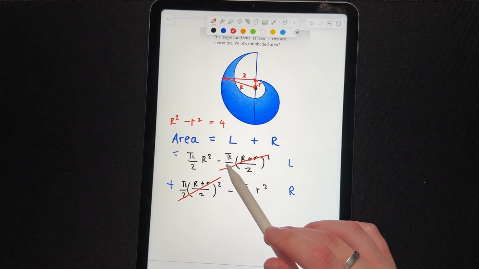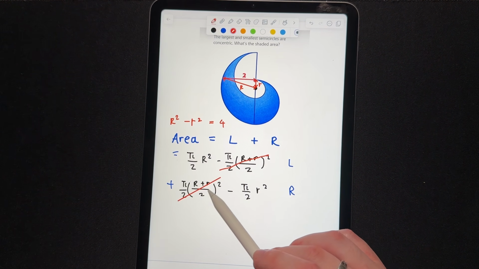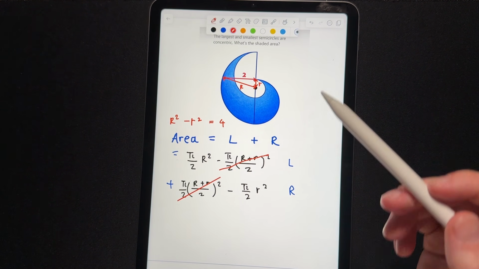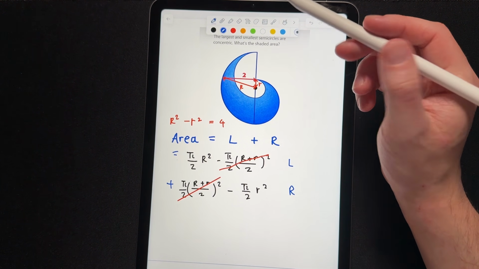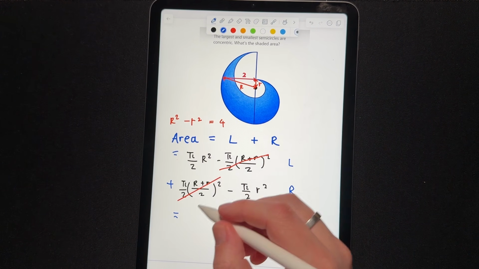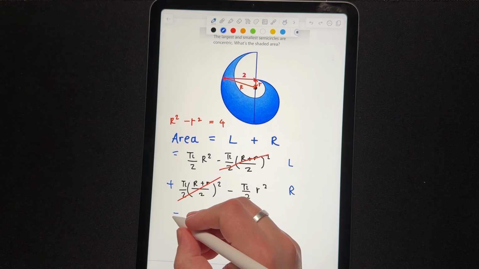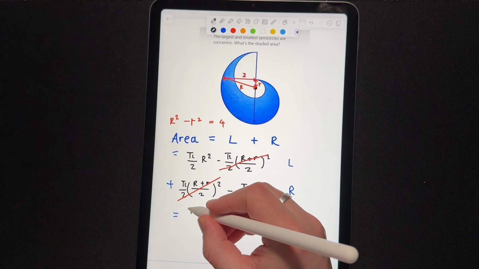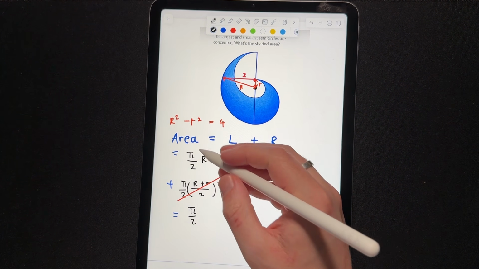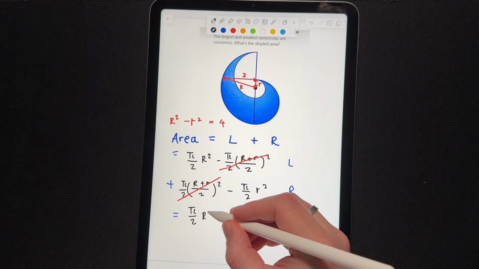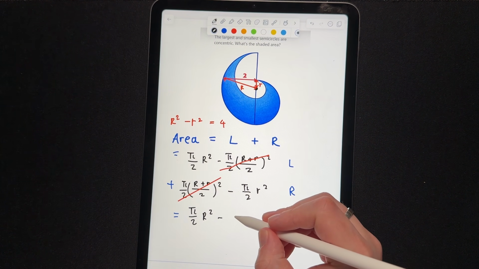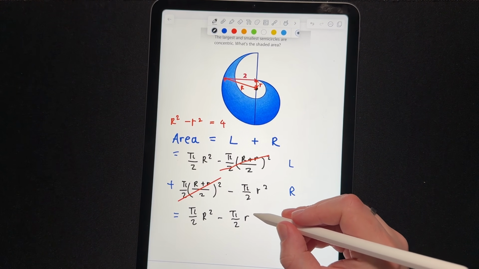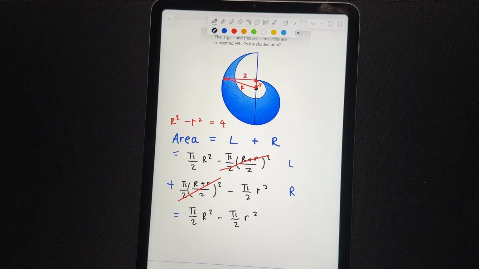So it's basically like saying negative x plus x, you know, they just go away. So we're left with the area being equal to pi over 2 big R squared minus pi over 2 little r squared.